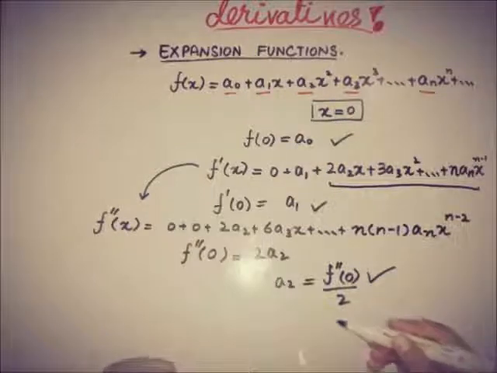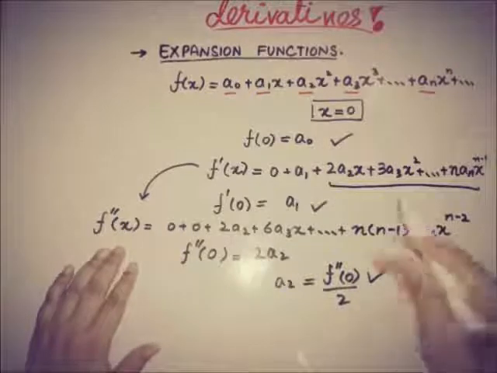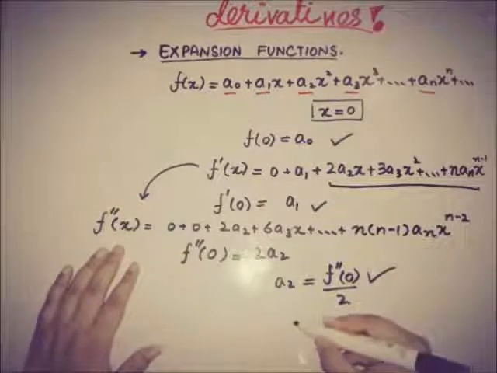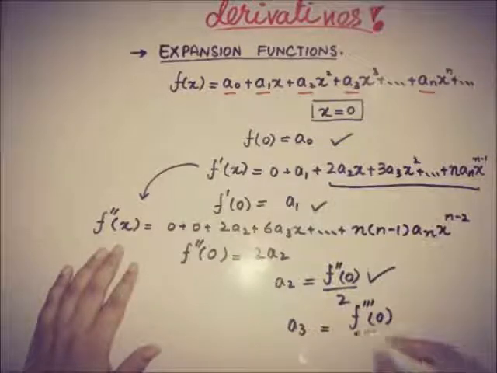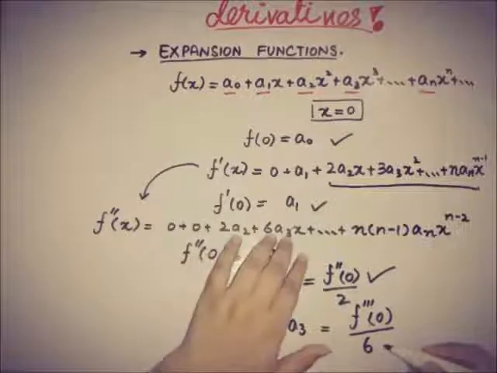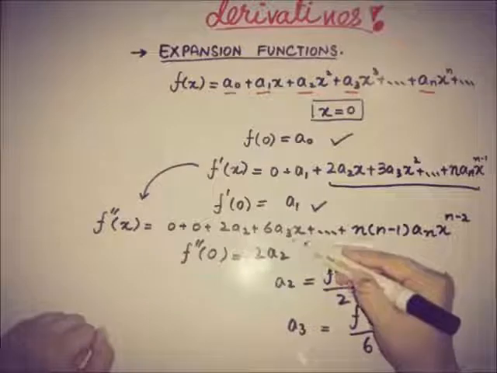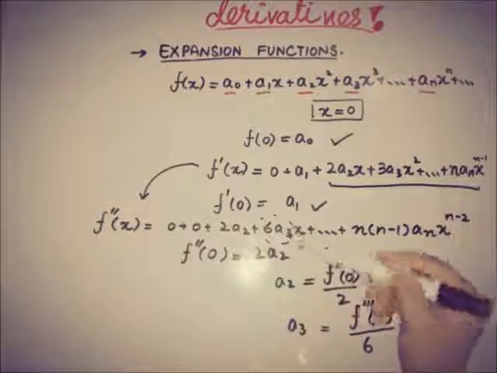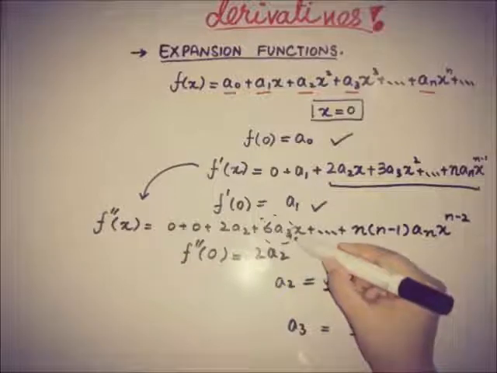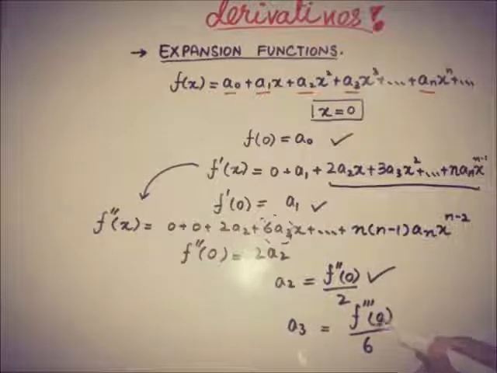And then we will find the value of a3 by taking the third derivative and letting x equal 0. Then we will get a3 equal to the third derivative at 0 divided by 6, because at this stage, by taking the third derivative, dx by dx is 1, and we are only left with 6a3. So a3 is f triple prime of 0, the third derivative at 0, divided by 6.